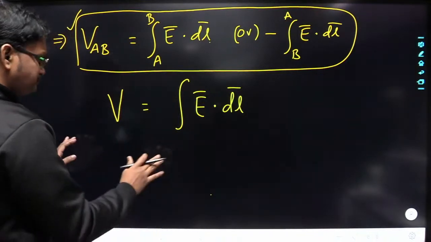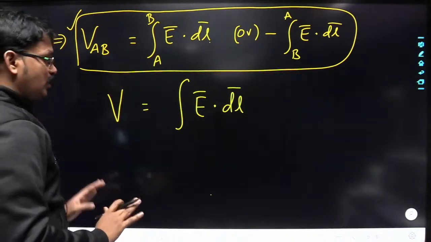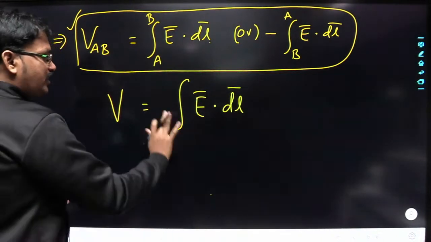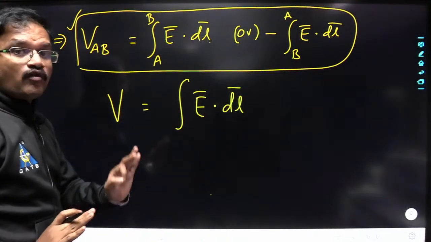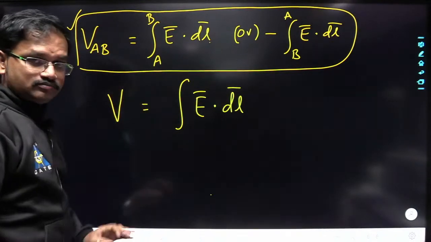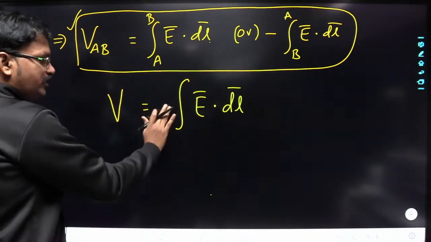We know that V and E are related in this manner, but I am not representing any limits. So my doubt is whether you have to put plus or minus. That's what I want to find out. I want to find out the exact relation between V and E, including the polarity, that is, including the sign here.